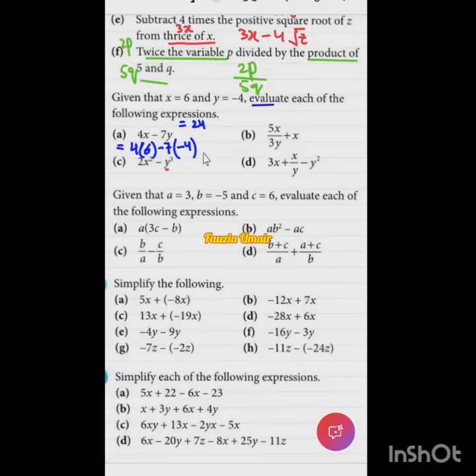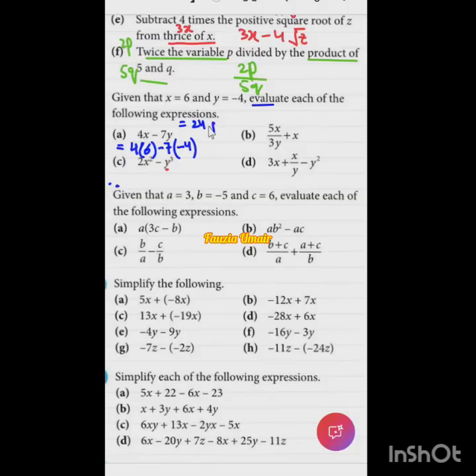Remember the sign. Recall the integers: in multiplication of integers, if the same signs are multiplied, the answer is always positive.